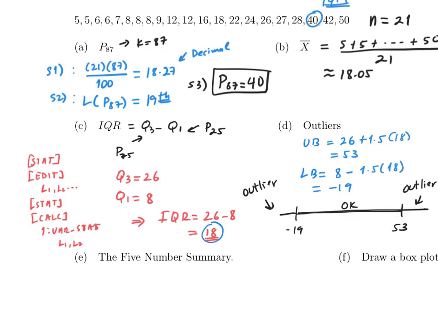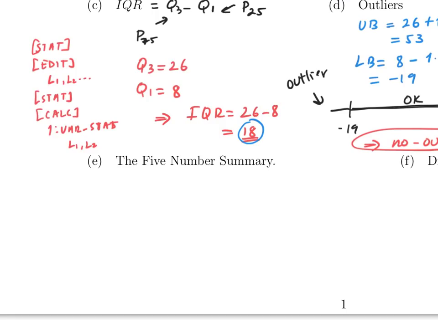Since all the data we have falls between negative 19 and 53, that means we don't have any outliers. So you don't have to have outliers, and if you have more than 3, you should check your answer. So that's it for part D.